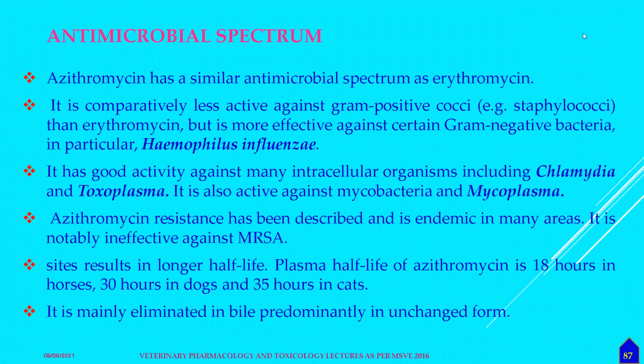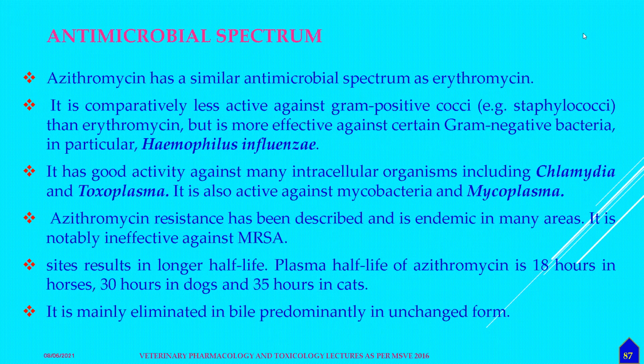The antibacterial spectrum: it is less active against the gram-positive cocci, whereas the macrolides, especially erythromycin, are highly active against them, but it is more effective against gram-negative bacteria, especially Haemophilus influenzae.